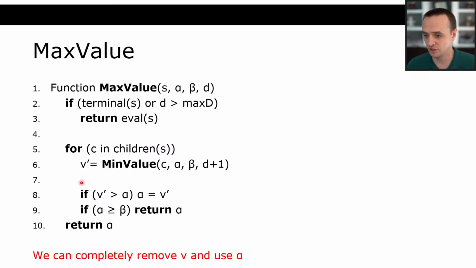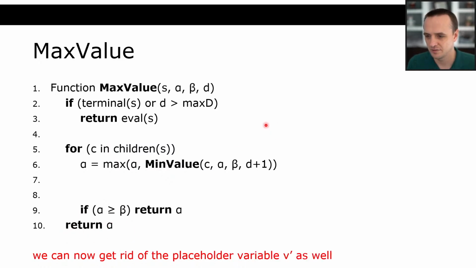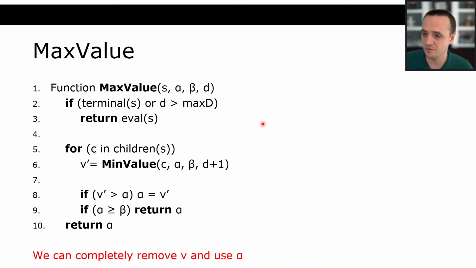And now I deleted two lines of code, and now I can return alpha here. Okay? Because I've gotten rid of this V variable, what I'm doing here is I have a temporary variable called V prime. The next step to shortening, I apologize if I'm going a little bit fast, but you can rewind this.